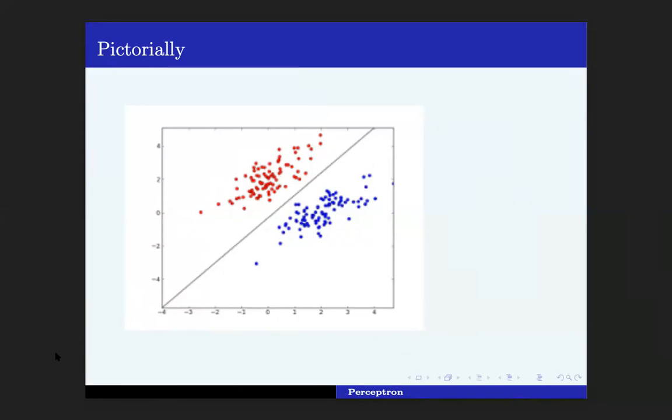Of course, there is an issue: if a lot of points are right at the border, all the red points right at the border along this line, and the blue points right at the border along the other, then things can become a bit tighter.